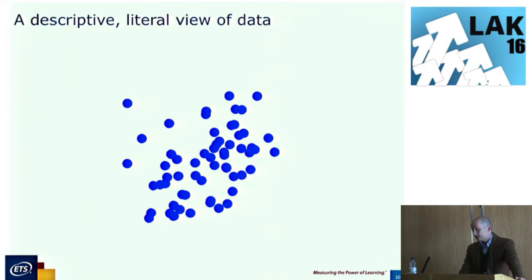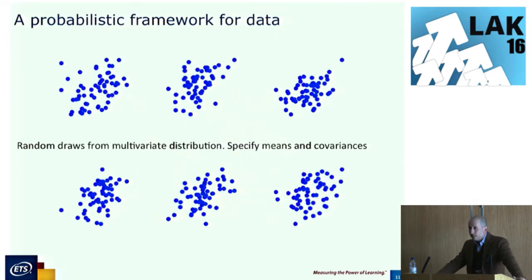But actually, a statistician would look at this and say, these are data that are consistent with a random generating process. There could be some means, which because there's no scale here wouldn't mean anything, but there would be some covariances, which would represent the correlation between these 2 variables, how diagonal they are, for example.